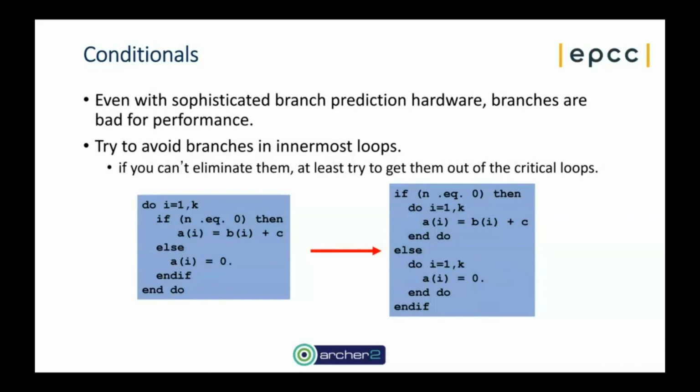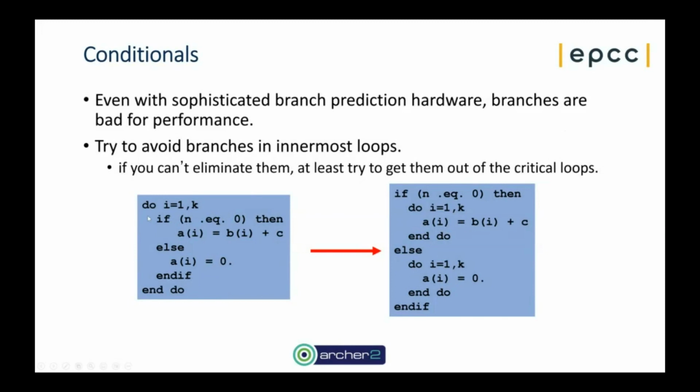So, conditionals or branches are hard for modern hardware and compilers to optimize. Branching, because of this pipeline issue we talked about this morning, where if a pipeline has to drain down, that's expensive, is often a hard thing to get good performance on.